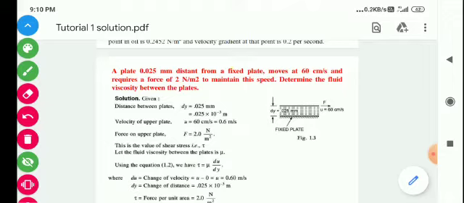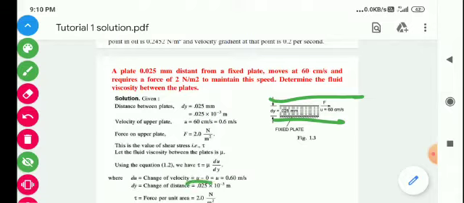Force is given. So now we have all the things. We require delta U. So the lower plate is stationary and only the upper plate is moving at a speed of 60 centimeter per second. So the change in velocity will be equal to 60 minus 0.